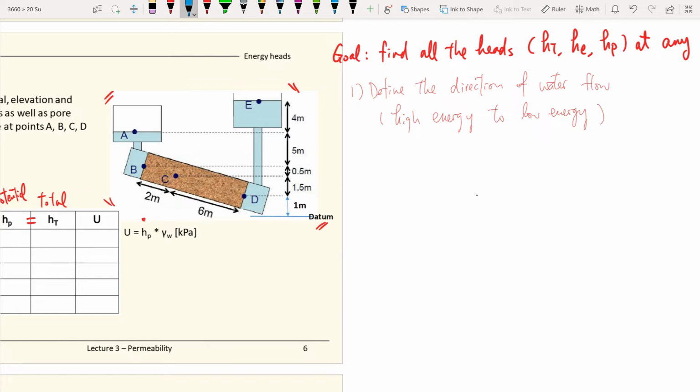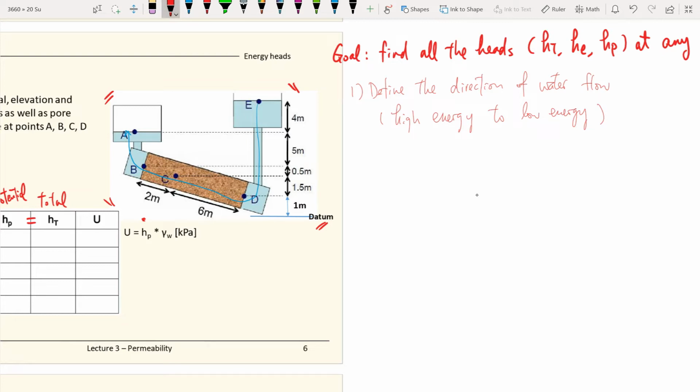In this case, for this setup, we have an upstream at point E and a downstream at point A, because the water level at point E is higher than the water level at point A. So we know the water goes this way. We finish our first step, defining the water flow based on the elevations of the water tables.